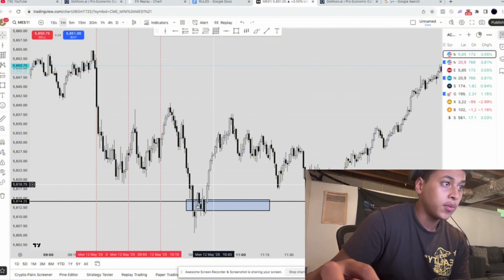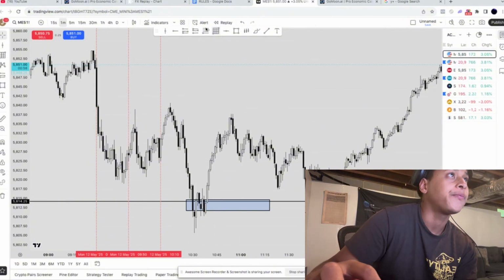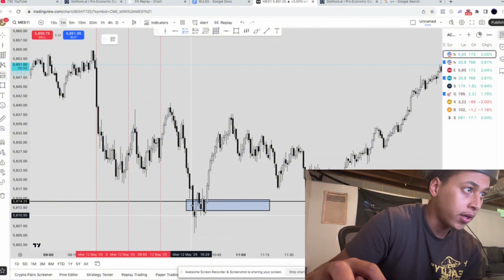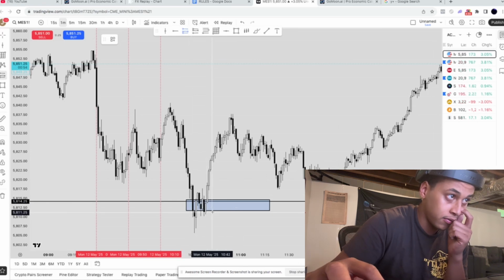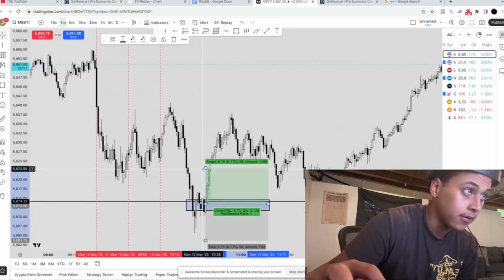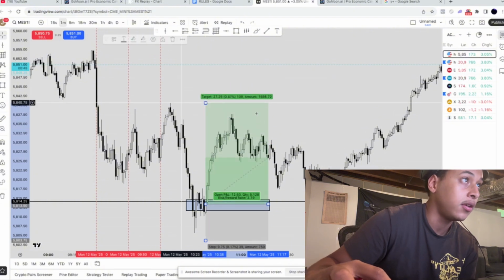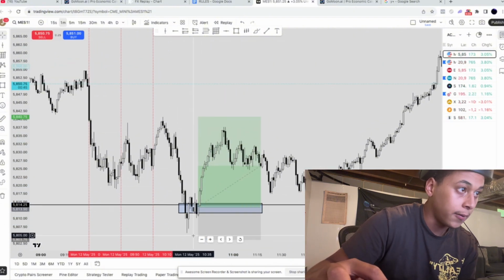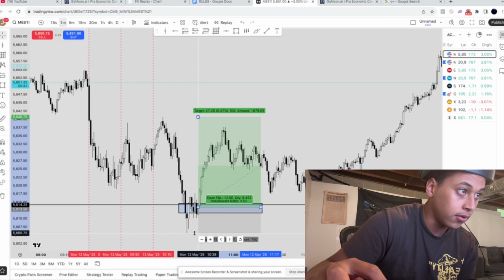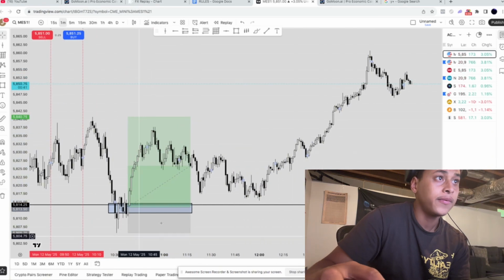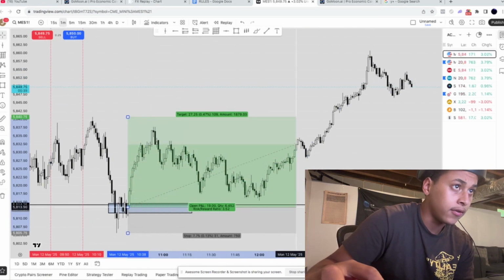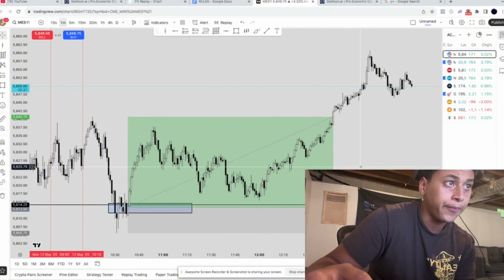So after we sweep liquidity and we get this inverse fair value gap, entry could have been off of the retrace into it, and then targeting previous highs up here, stops below the lows right here, and then it would have hit take profit later on in the day.